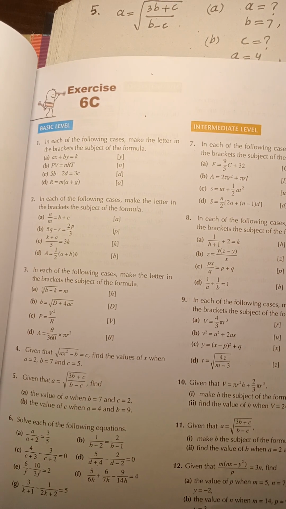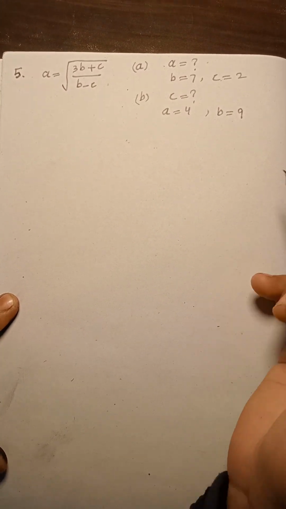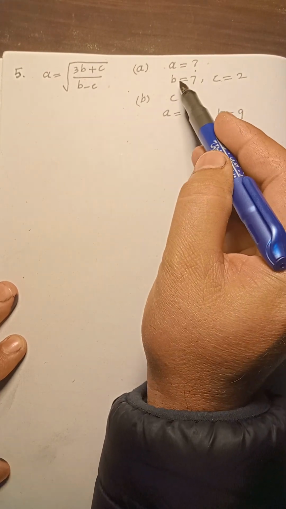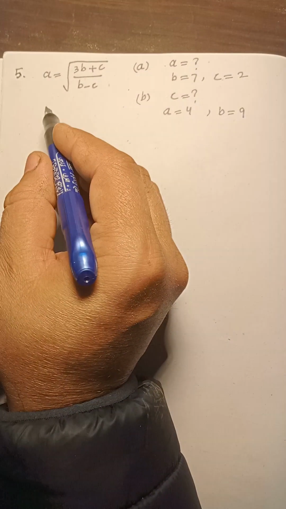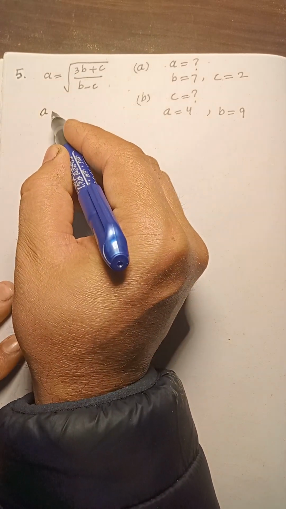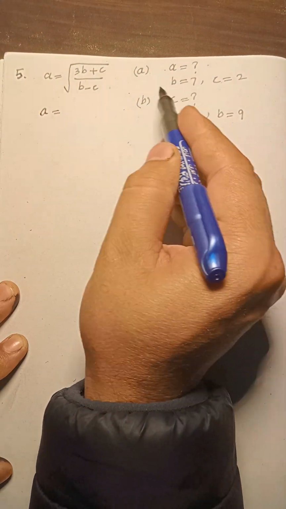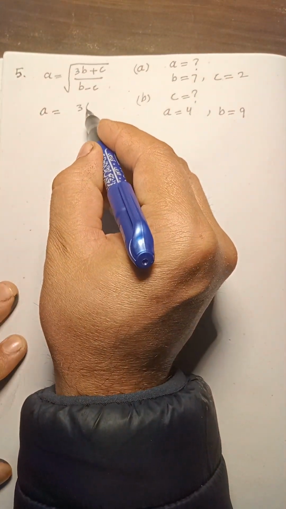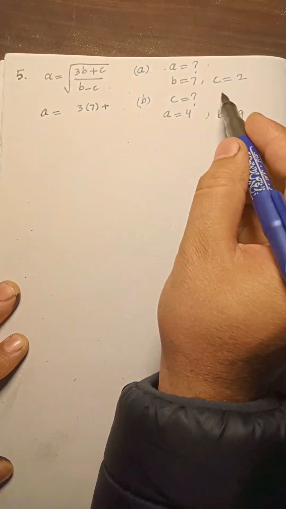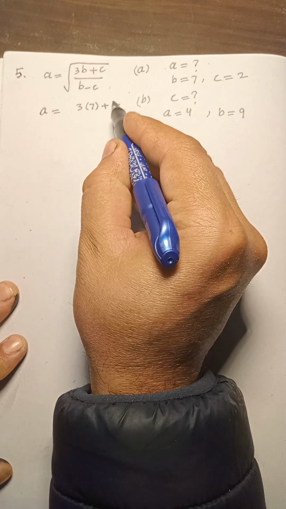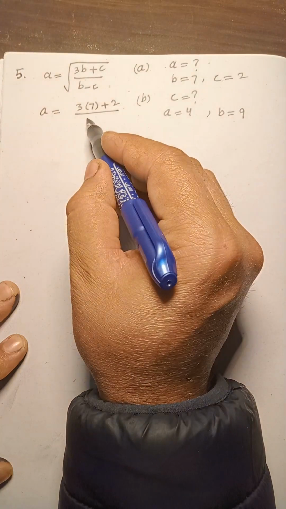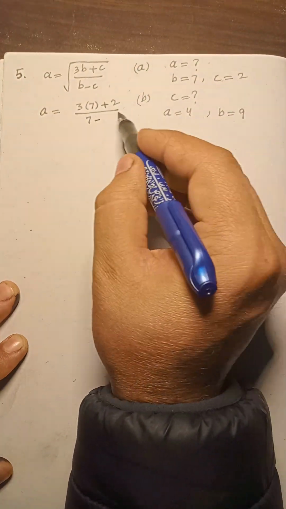See here I have written the data. For the first part, A part, B is equal to 7 and C is equal to 2. Simply put the values here. Find the value of A, so A will be written as such, and put the value of B, 7, in a small bracket, plus C, which is 2, over B, again 7, minus C, which is 2.